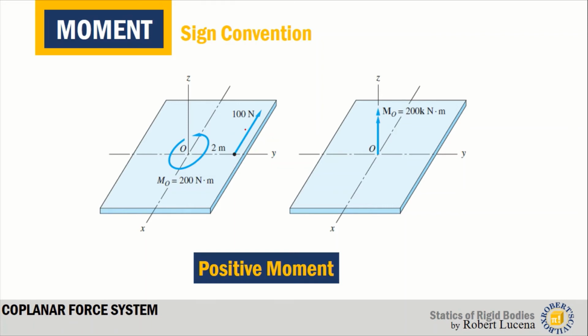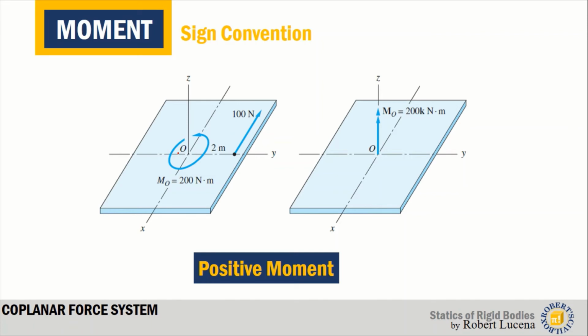Now, if this force 100 Newton is causing point O to rotate counterclockwise, then using the right hand rule, we can say that this 100 Newton force causes a positive moment about point O because it causes rotation about the z-axis complying with the right hand rule.